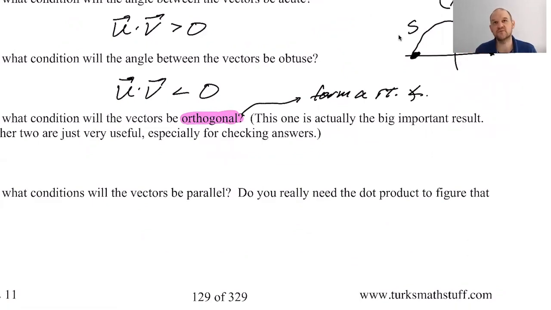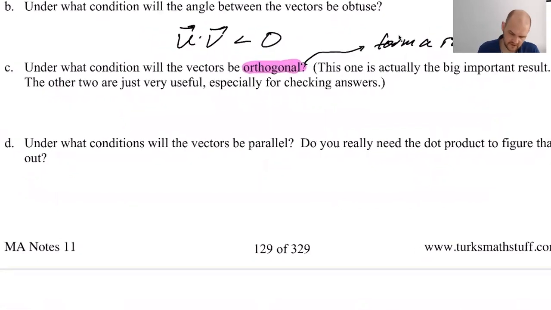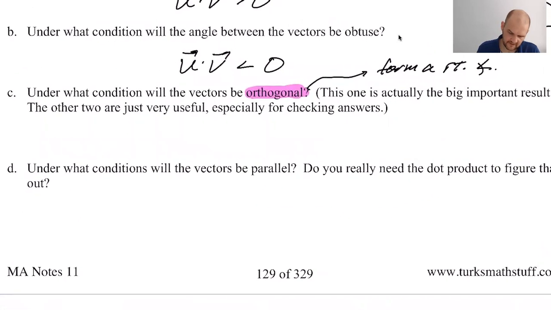Actually, if you put the terminal points together you would also get a right angle, but don't think that way. Always start at the beginning, at the initial points. This will be the case if you're doing the inverse cosine of 0, because the inverse cosine of 0 is pi over 2, which means a right angle.